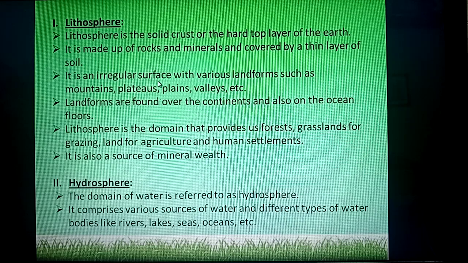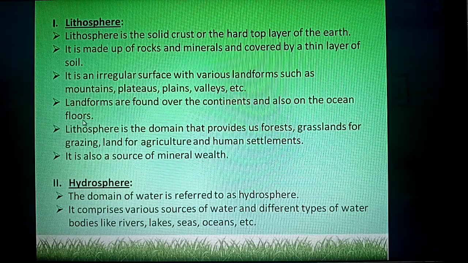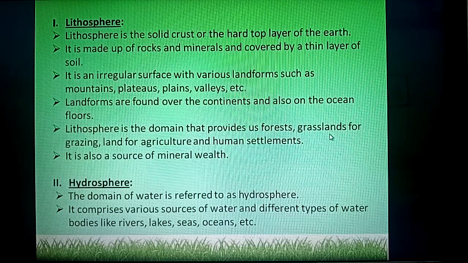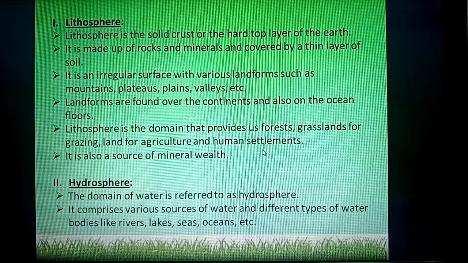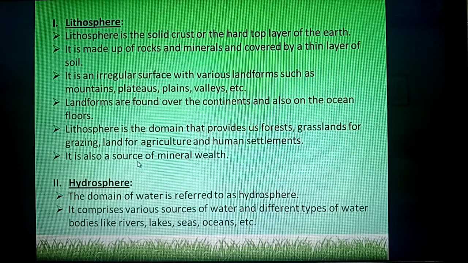It is an irregular surface with various landforms such as mountains, plateaus, plains, valleys, etc. Landforms are found over the continents and also on the ocean floors, ocean bed also we call it. Then lithosphere is the domain that provides us forest, grasslands for grazing, land for agriculture and human settlement. It is also a source of mineral wealth.